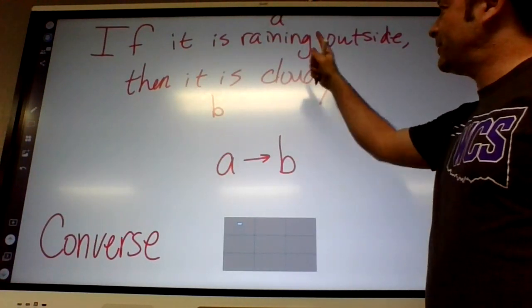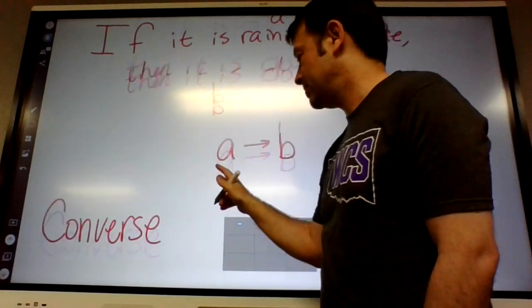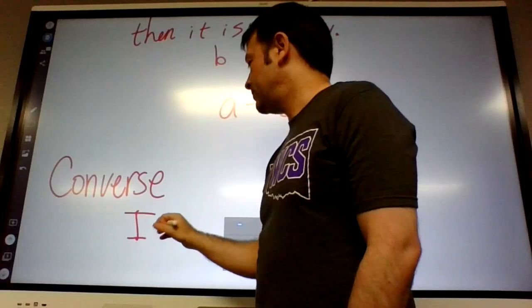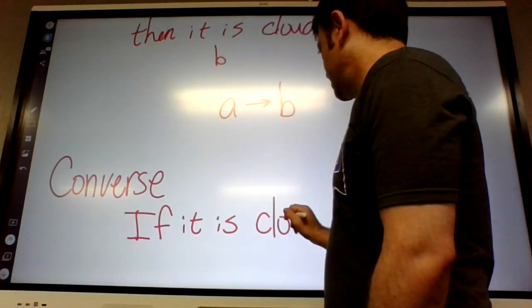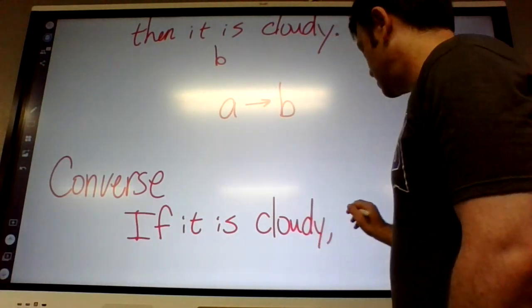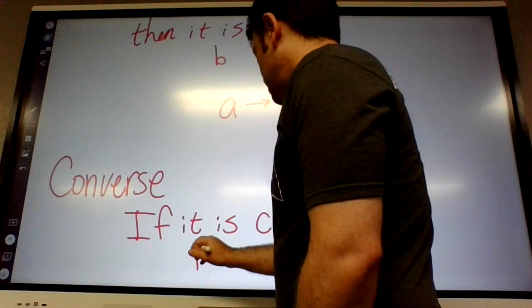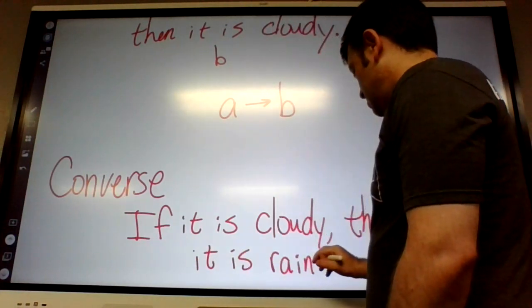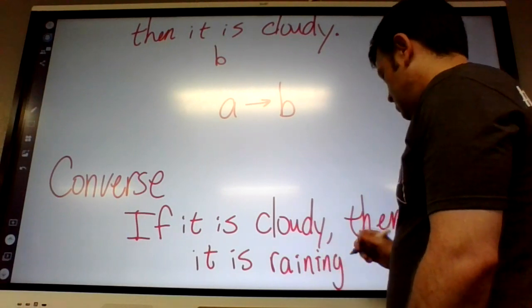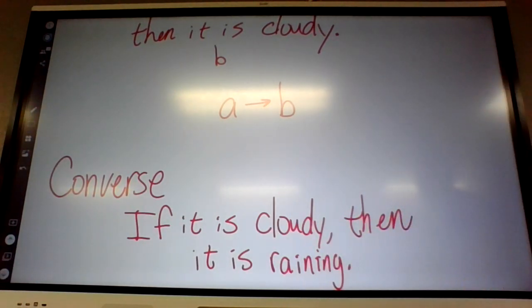So instead of saying if it's raining out, it's cloudy, you're going to say if it is cloudy, then it is raining. Okay, is that a true or false statement?